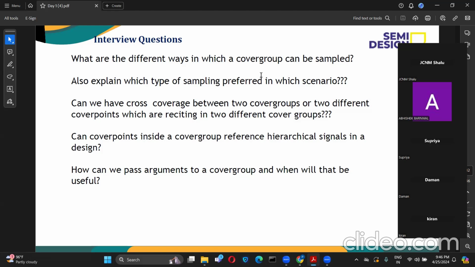So isn't it more tedious, or more power consumption, if the requirement is only one time, but you are still forcing it to check whether it is changing at every passage of the clock? In that scenario, it's better to use the dot sample method. Got it? Is it clear, or did I confuse you all?